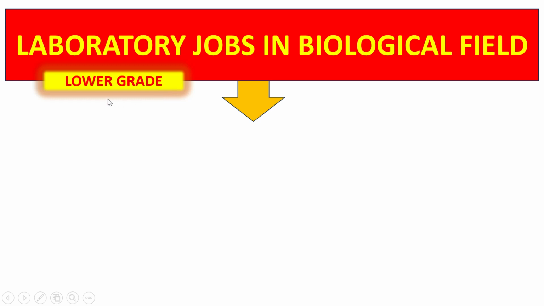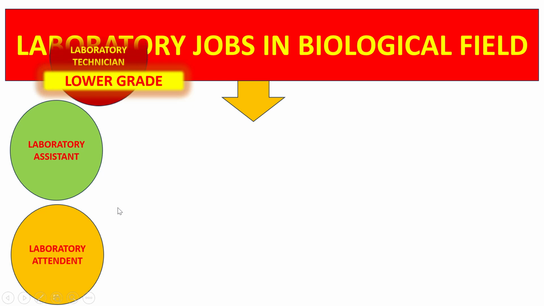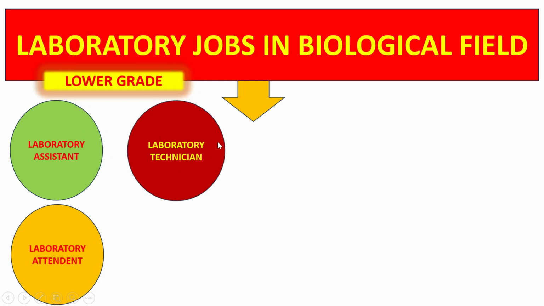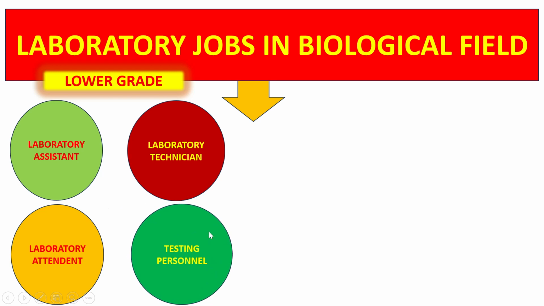Under the lower grade jobs, which are level 2, level 3, and level 4 jobs, there are the laboratory assistant or laboratory attendant post, the laboratory technician post, or testing personnel. All of these are lower grade biological field jobs in government sectors.